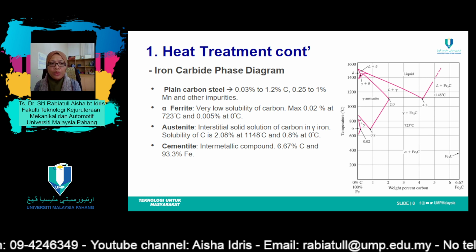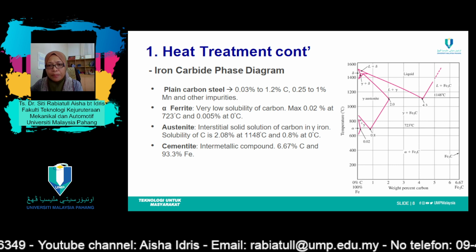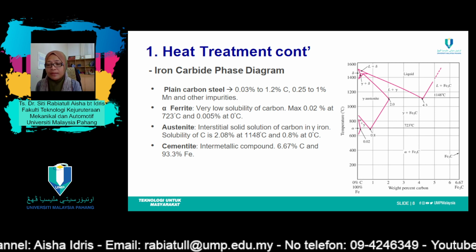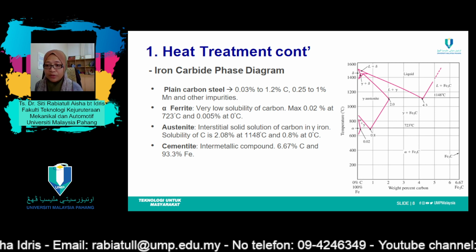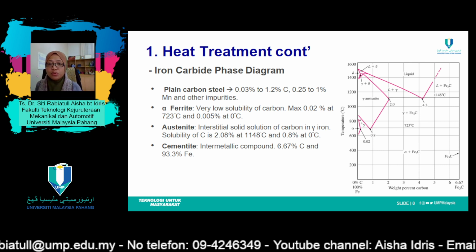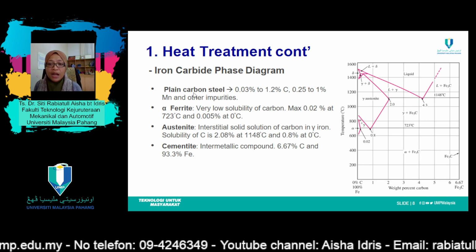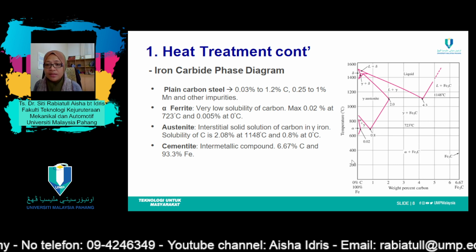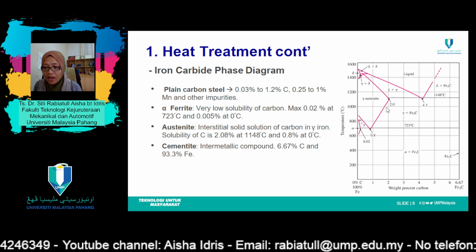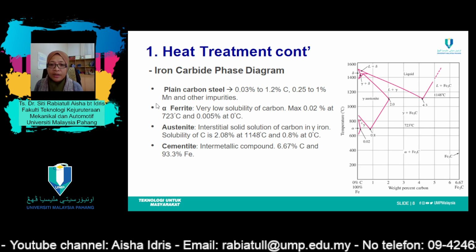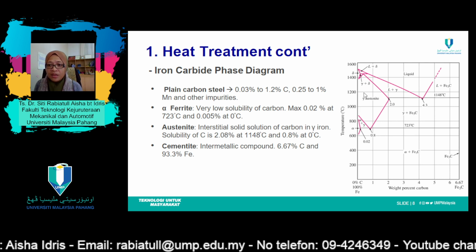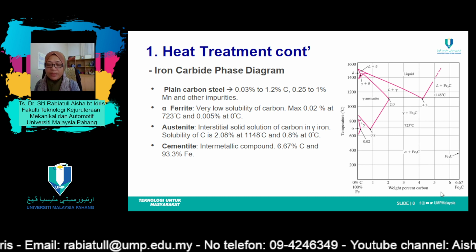Before we proceed with this topic of heat treatment, these are the terminologies that you should remember and understand. By right, in the previous lecture, this terminology was already explained to you, like carbon and plain carbon steel. Plain carbon steel exists between 0.03 to 1.2% carbon, which is at this area. And the location of ferrite, this is the location for alpha ferrite, this one is for austenite, and this one is for cementite.